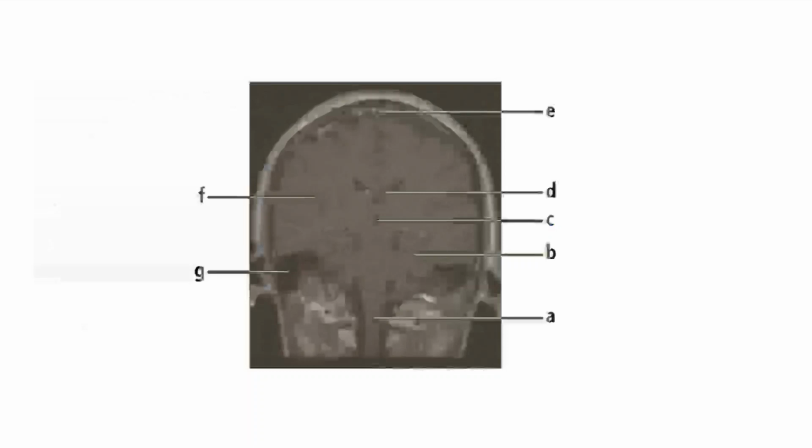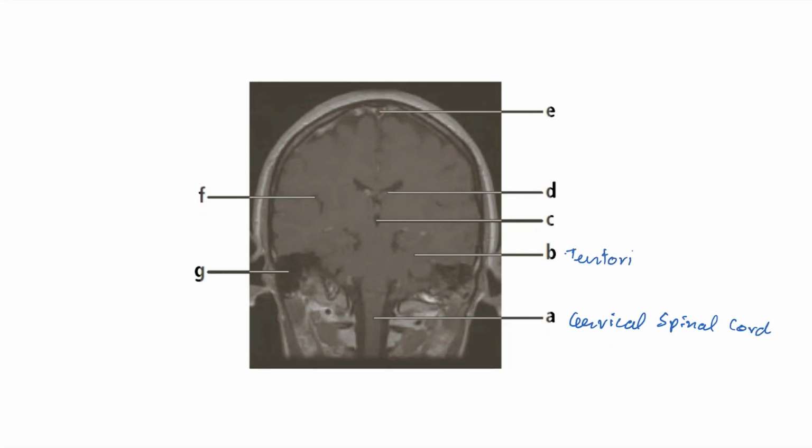Now, let us discuss the structures in this MRI. A is cervical spinal cord. B is tentorium. C is third ventricle. D is choroid plexus of lateral ventricle.